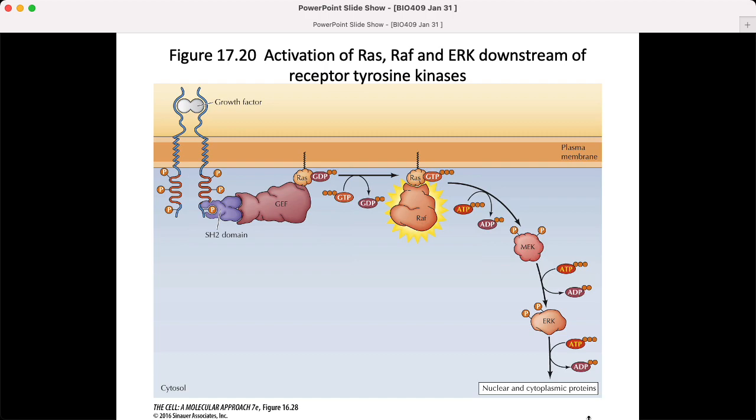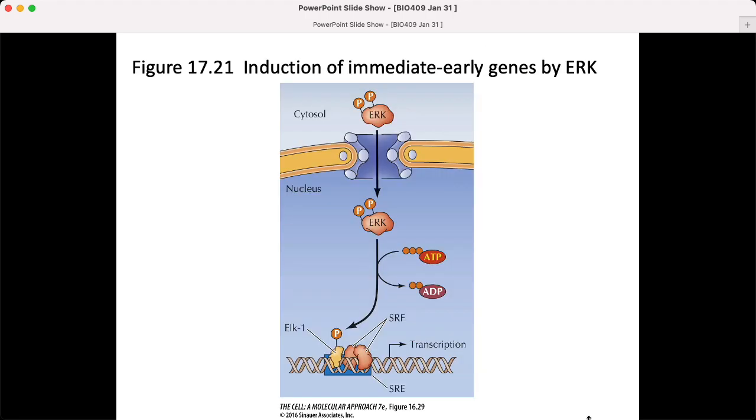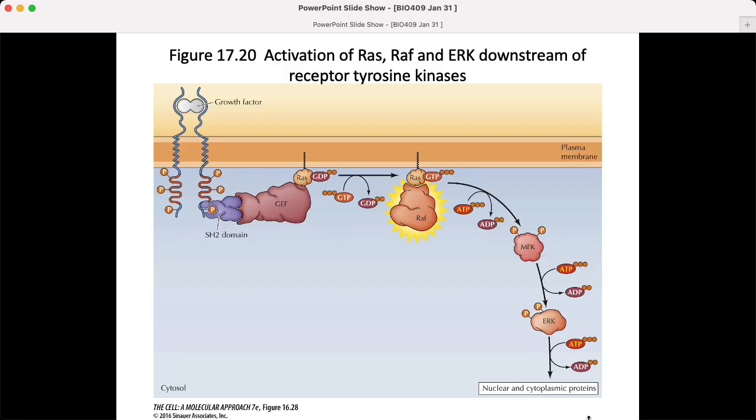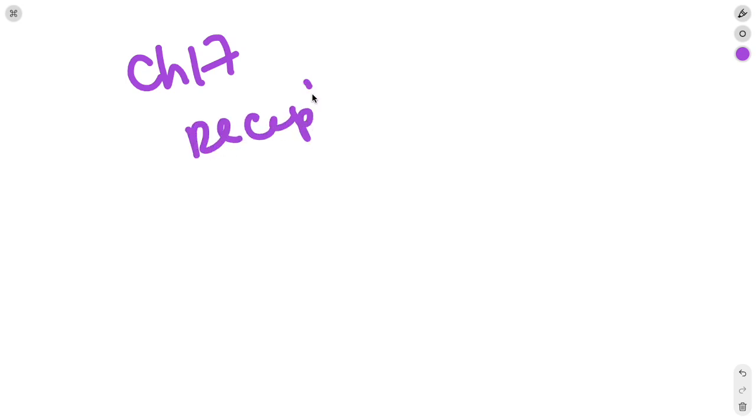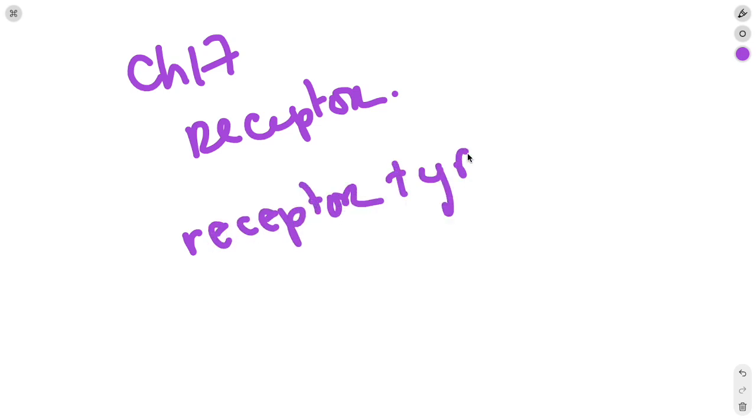the PDGF receptor. We'll learn in chapter 17 that the PDGF receptor is a member of what we'll call a family of receptors, and so in chapter 17 we'll talk about receptors, and there's a big category, and they're called receptor tyrosine kinases.